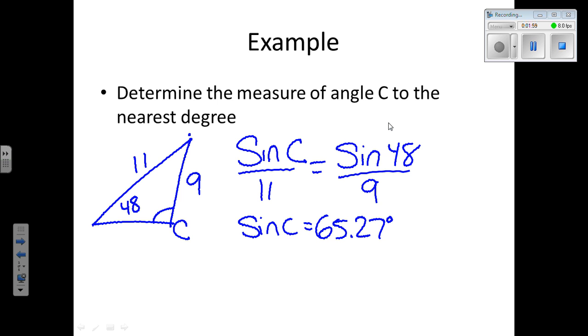Okay, so it equals 65.27, which doesn't seem quite right because right now we're dealing with an obtuse triangle. So we're going to use our trig ratios. So we're going to use the formula.